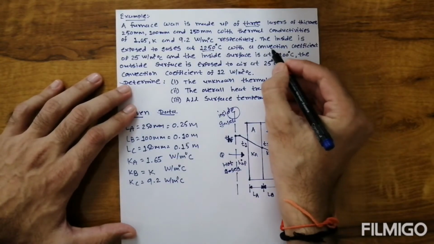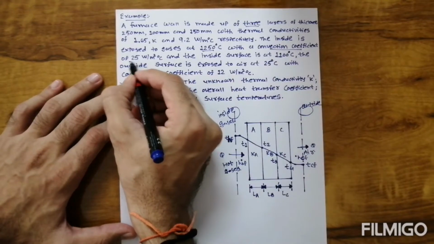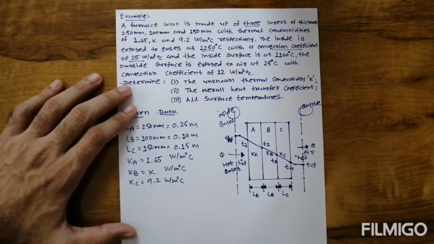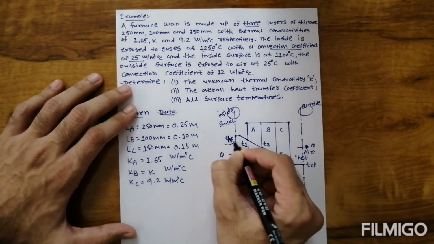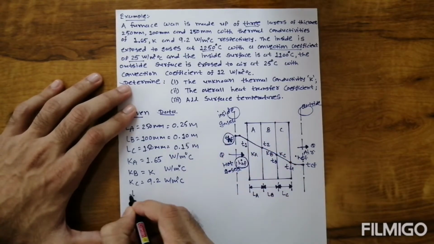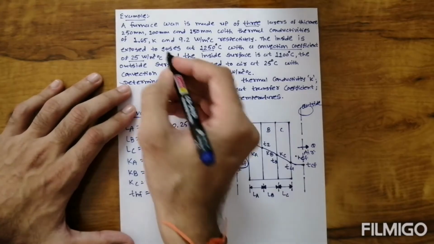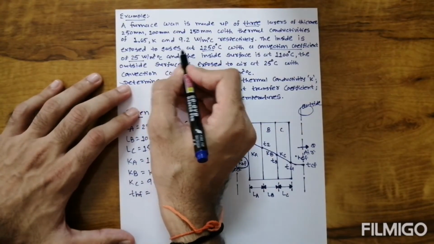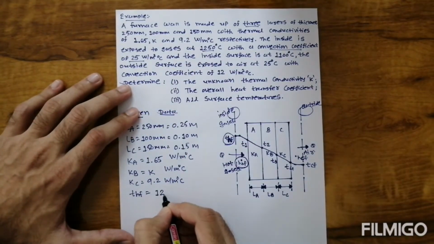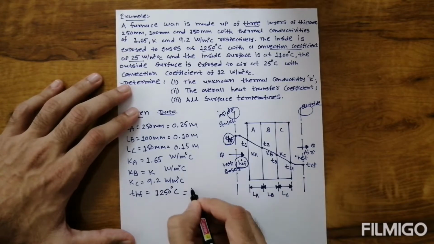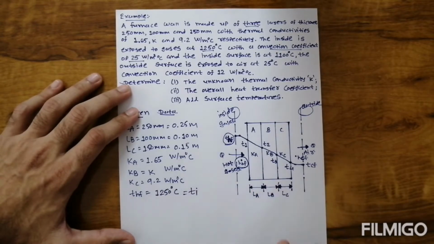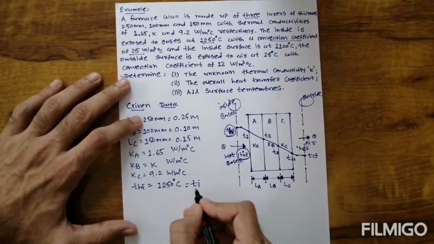So HF is given and THF is given. THF means the temperature of the hot fluid, or the temperature of the gases, THF is equal to 1250 degrees Celsius, or we can also denote the inside fluid temperature by Ti.